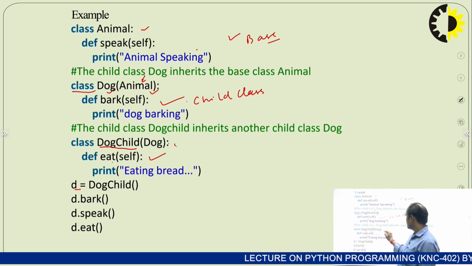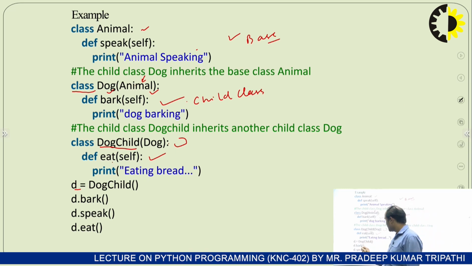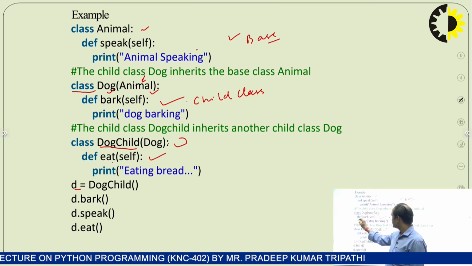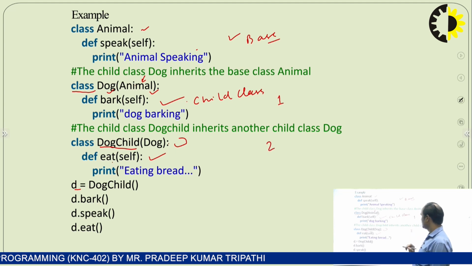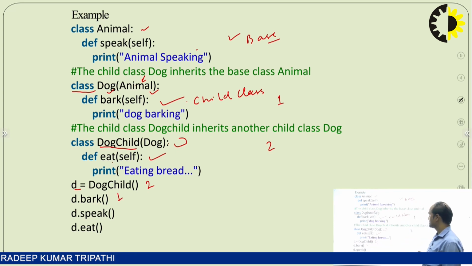It is the child 2 class function. And D dot bark is the function that belongs to the second class. Suppose we have class first and class second; this function belongs to class second and this function belongs to class first.